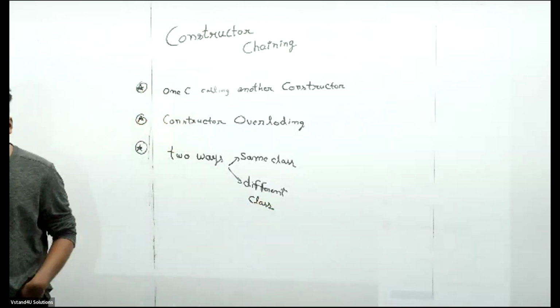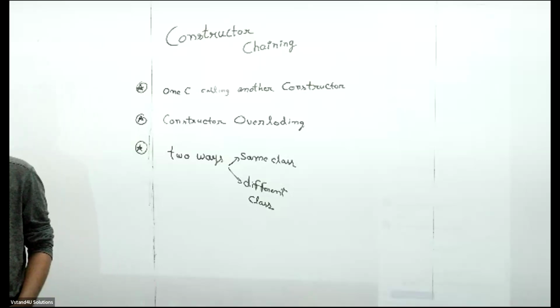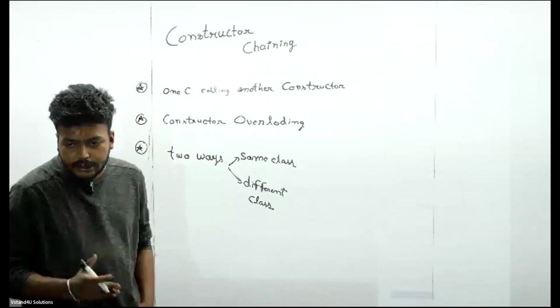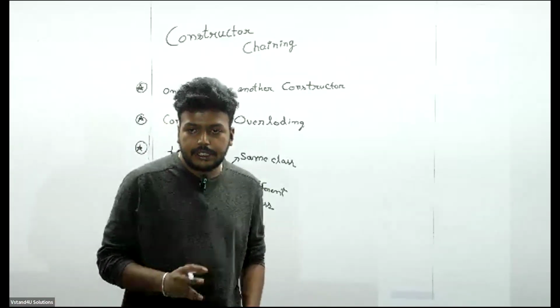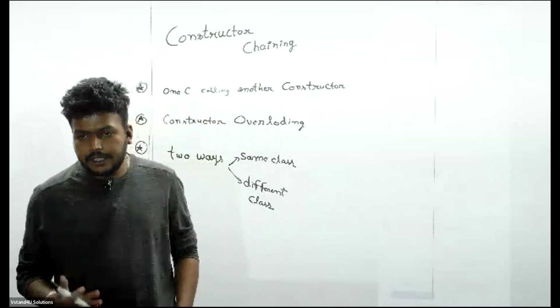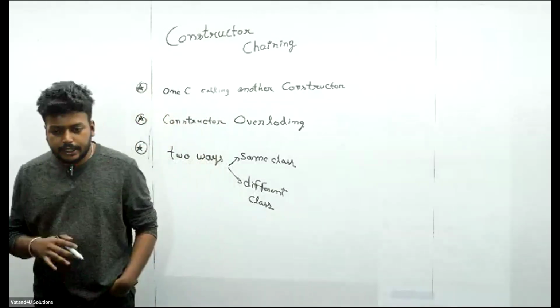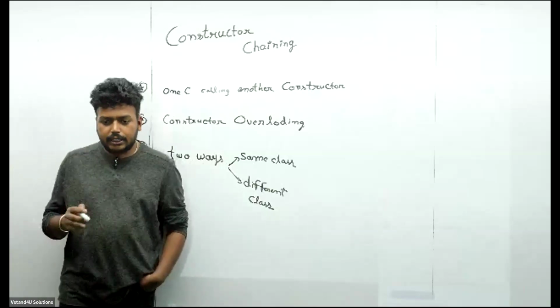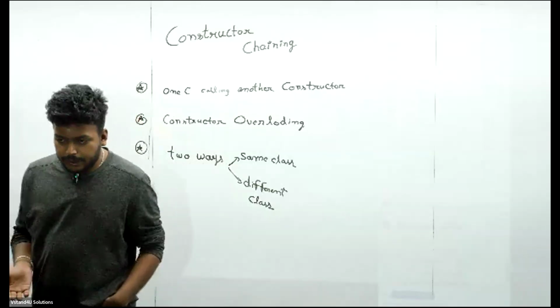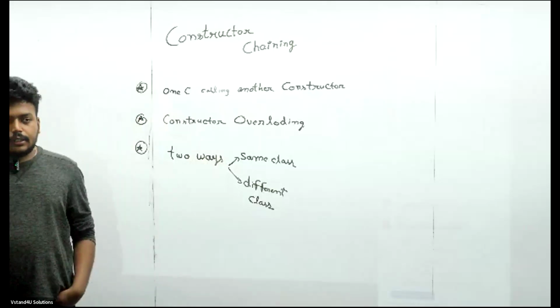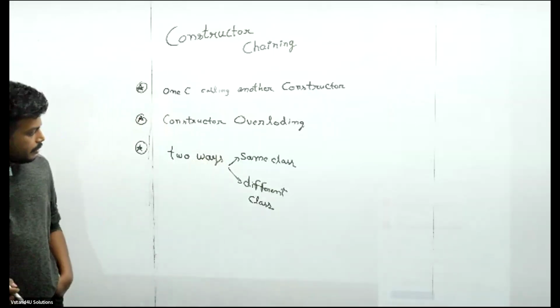Constructor chaining happens in the same class. Like you remember object creation in the same class and object creation in two different classes. If it is in the same class, I can call directly, or else use class name dot object reference variable name. The chain is similar to this.